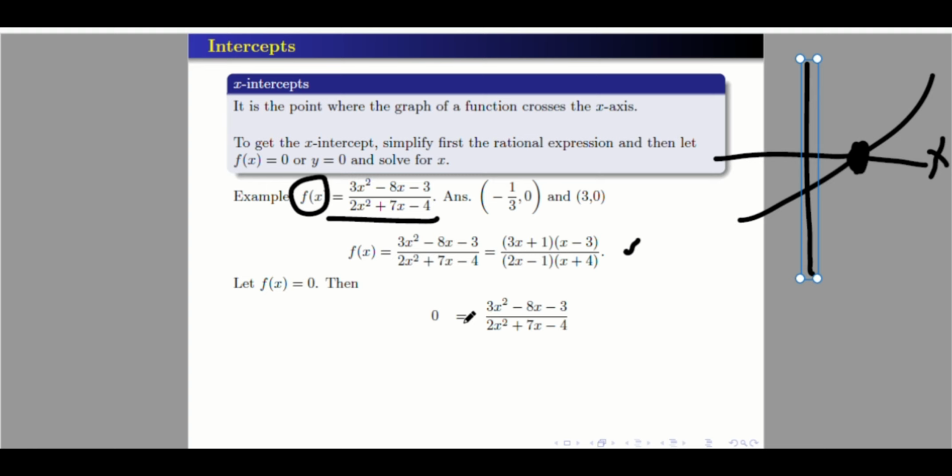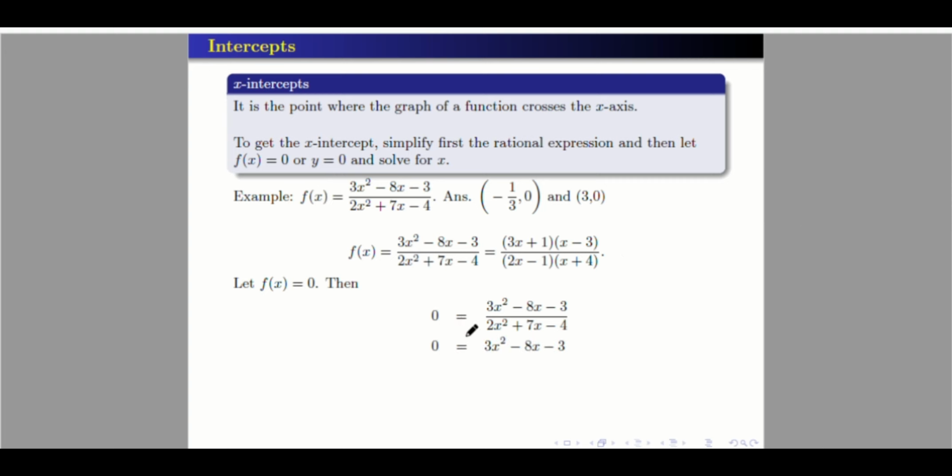By cross multiplication, this is just 0/1, so again this is just 0. If you multiply this, the result is 0 because 0 times any expression is 0. On the right side, we are left with the numerator 3x squared minus 8x minus 3. Then factoring this one, we'll just copy it here. We factored this already.